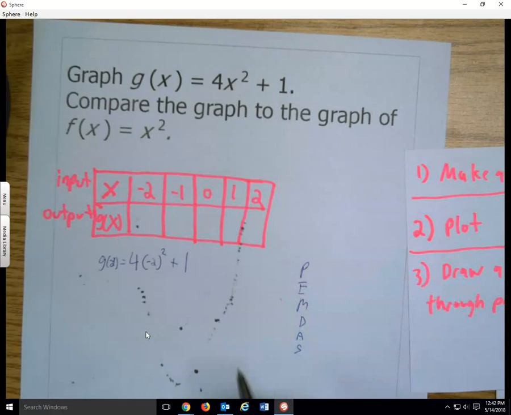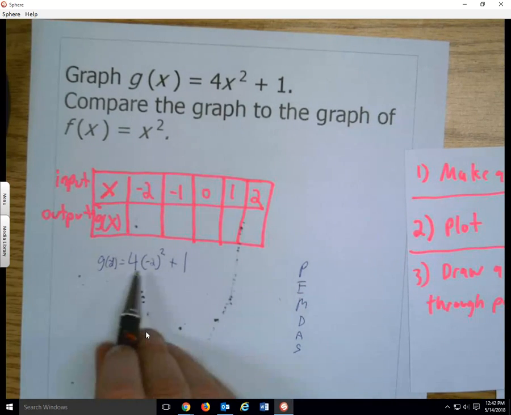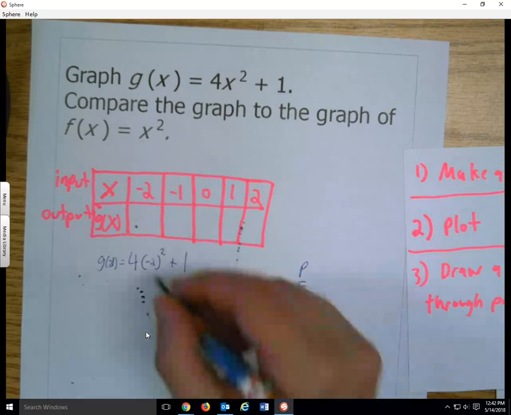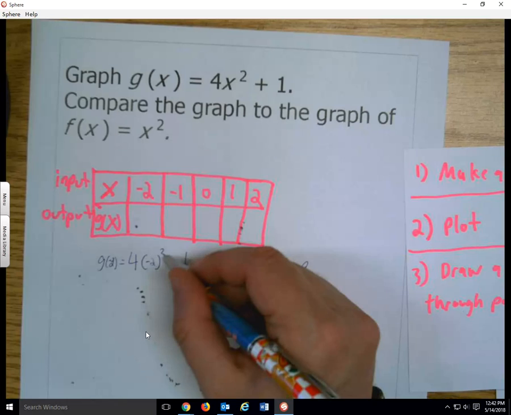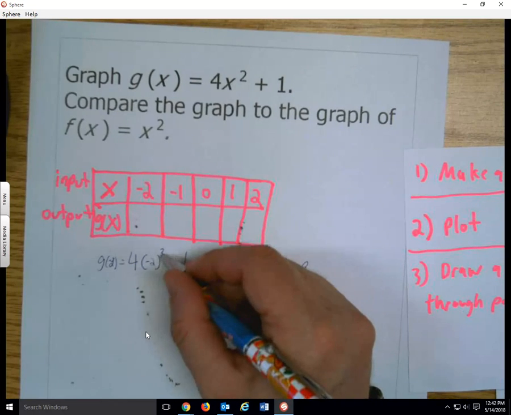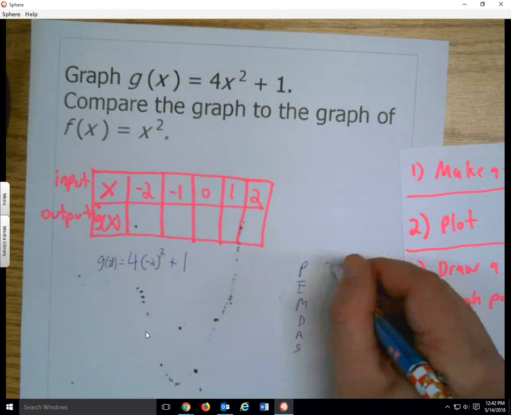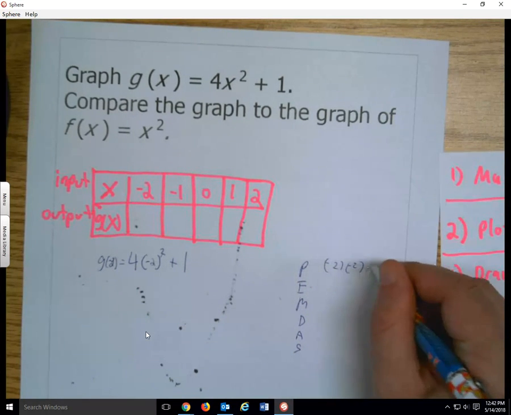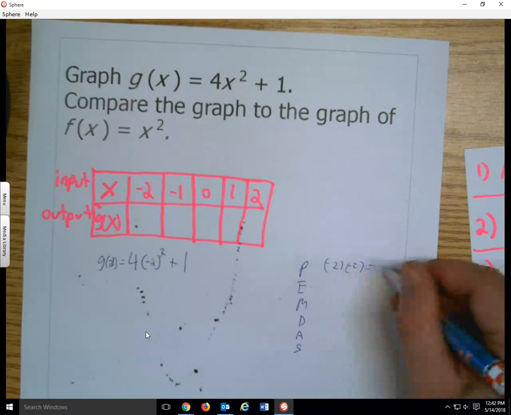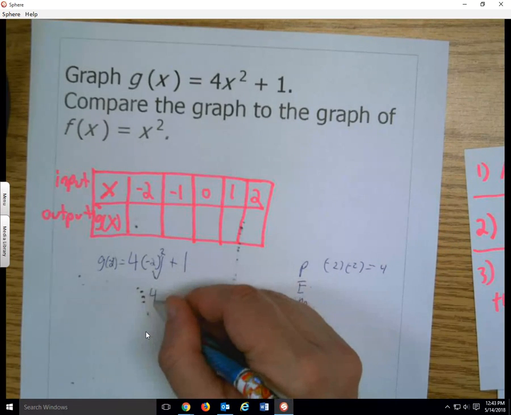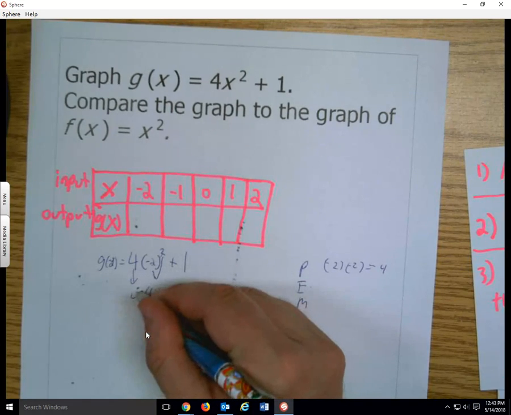The first thing you should do is work inside the parentheses. There is none. Then you should do exponents. So what is -2 to the second power? I should do exponents first, so -2 times -2. A negative times a negative is a positive, and 2 times 2 is 4. So I combine these together to get a 4, and bring everything else down.